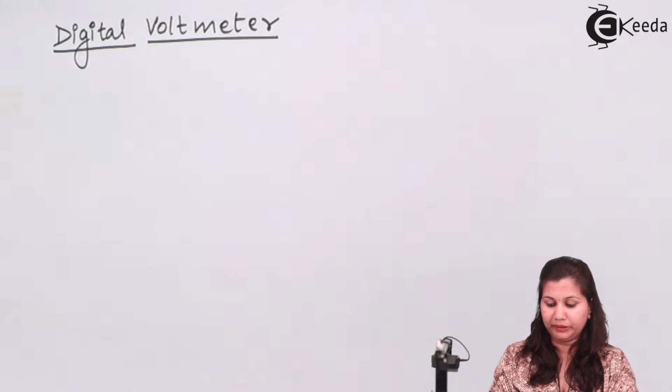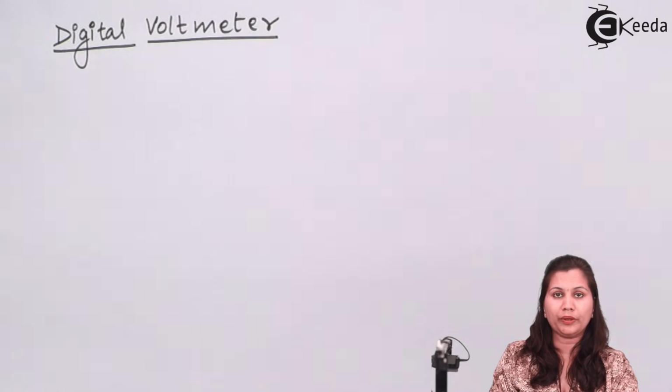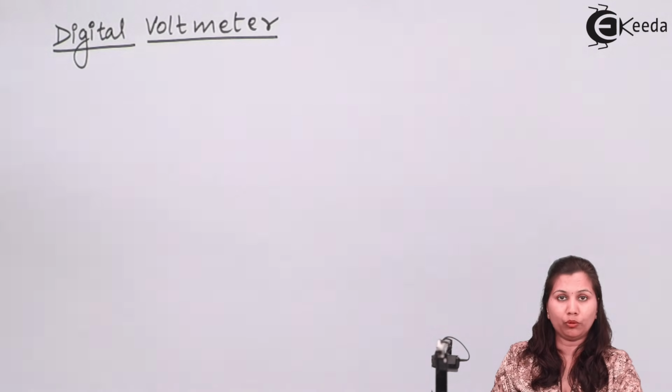The digital voltmeter, as I have said, is going to measure the voltage and give us the output as a discrete numerical value of the input voltage.